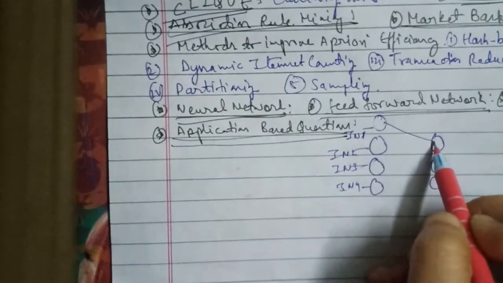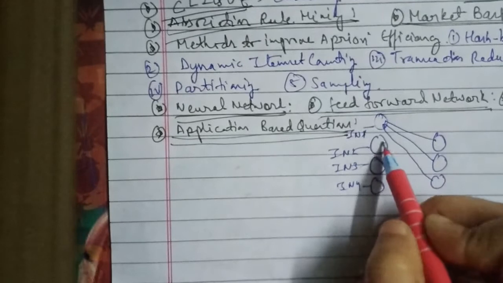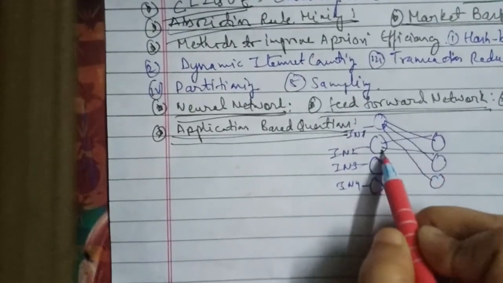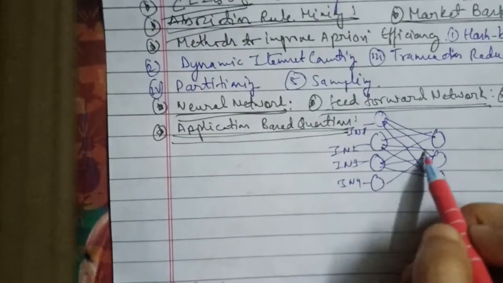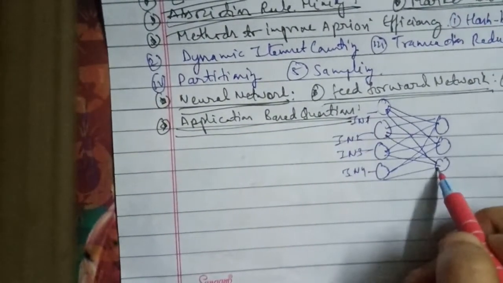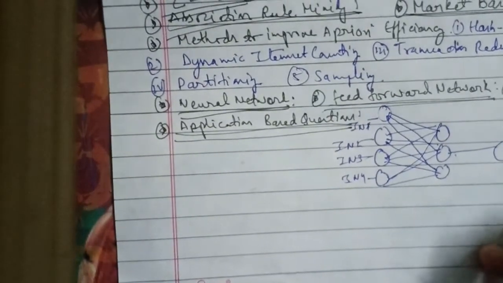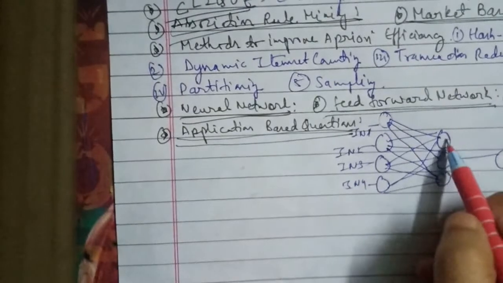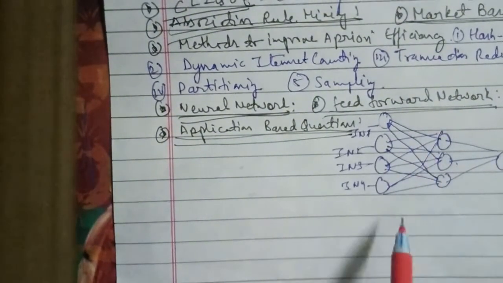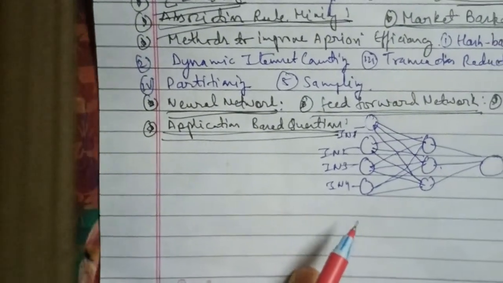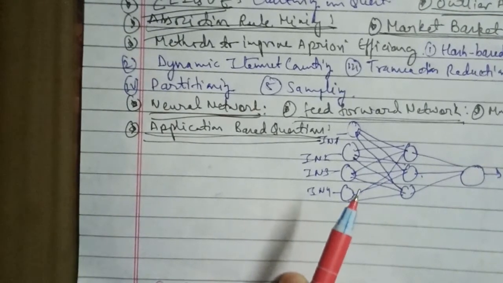So this is connected to this, and this is connected to this, and this will be connected to all three, and IN4 is as well connected to all three here, and that gets forwarded and gives you output. This is also connected to this, and this is also connected to this. This is the feed forward configuration diagram.